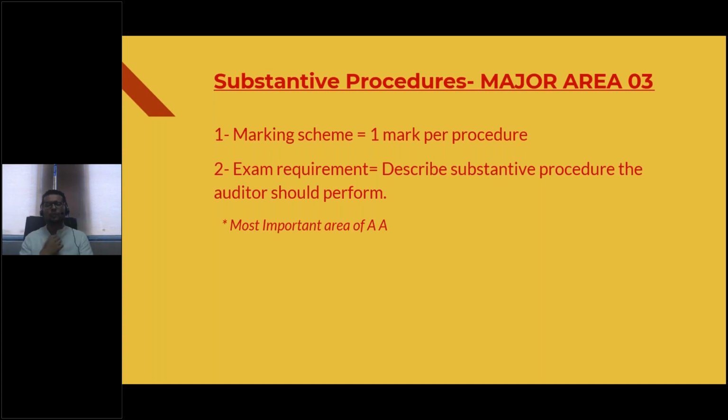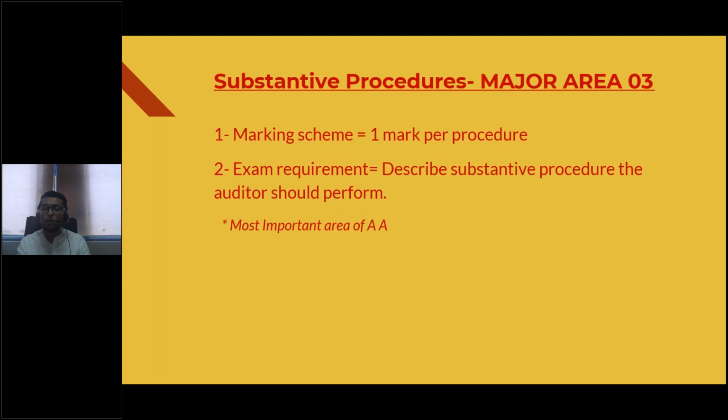The second type of auditors' actions are called substantive procedures. The substantive procedures are focused on one thing only, and that one thing is called financial statements. So substantive procedures are certain actions taken by the auditor all over the world in order to verify something regarding financial statements.